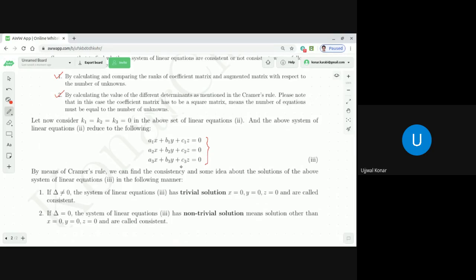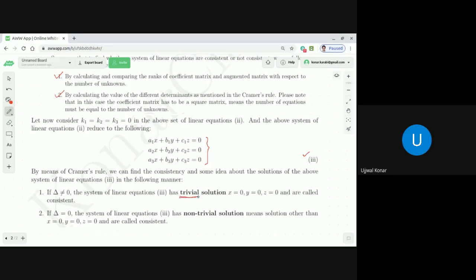Now, by means of Cramer's rule, we can find the consistency and some idea about the solution to the system of linear equations. We number that system of linear equations as 3. If delta is not equal to 0, the system of linear equations has the trivial solution x equal to 0, y equal to 0, z equal to 0 and is called consistent. Now why did I introduce the word trivial?